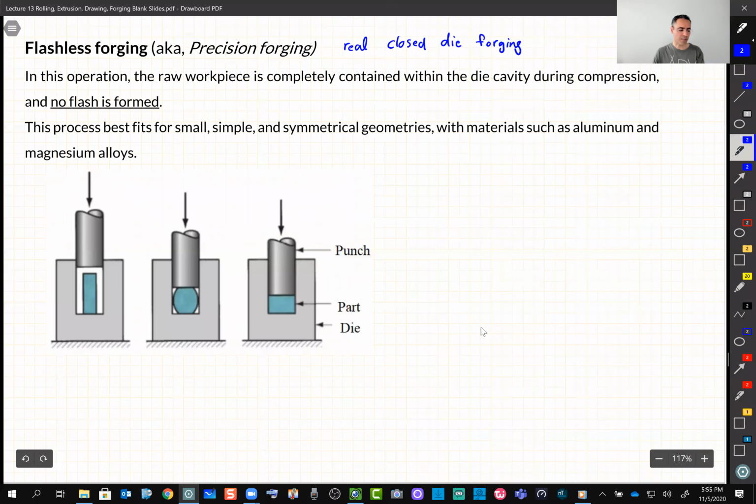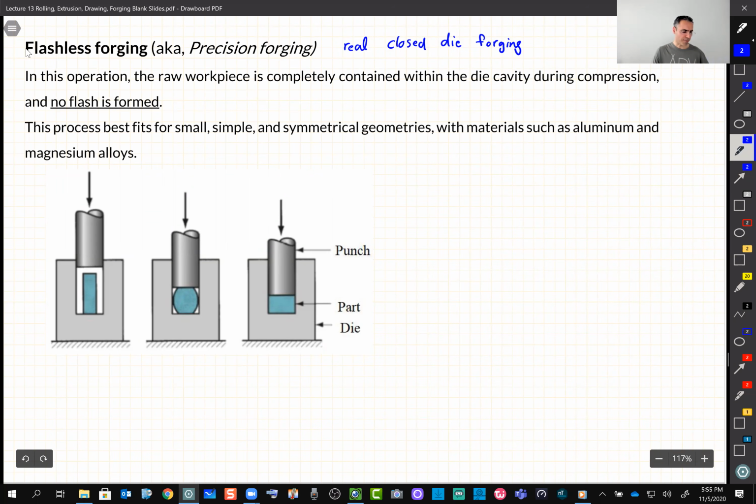But again, it's just terminology. If you saw somewhere people call it real or true closed die forging, they are referring to precision forging or flashless forging. It is flashless because, unlike the previous one, there is no flash. It's good for simple and small parts because you can imagine it requires a lot of force, like if I'm going to get a simple cylinder or simple part.